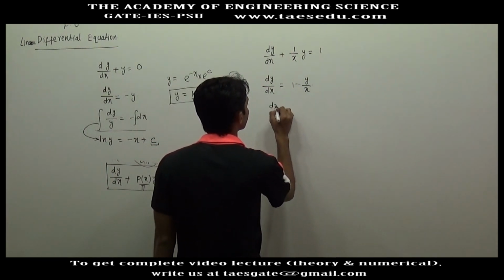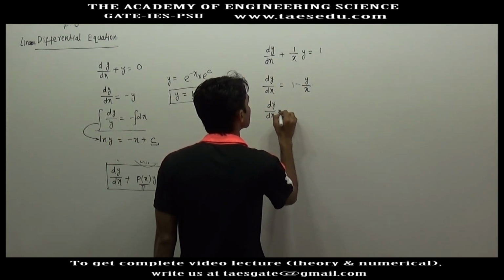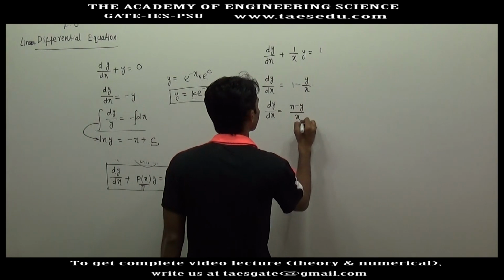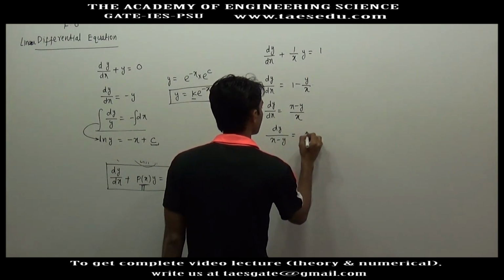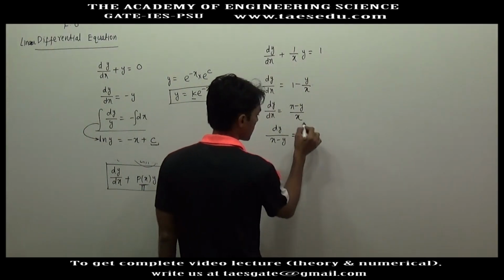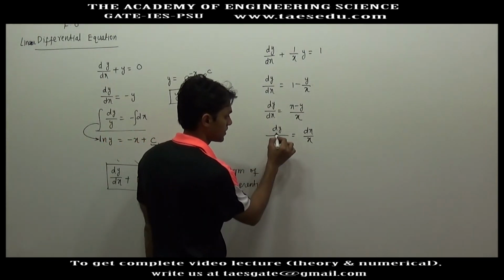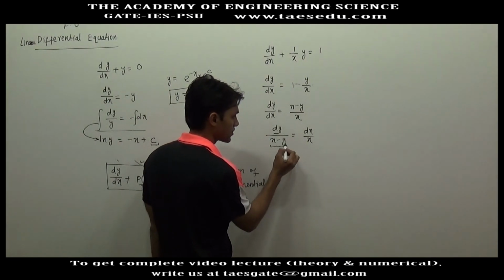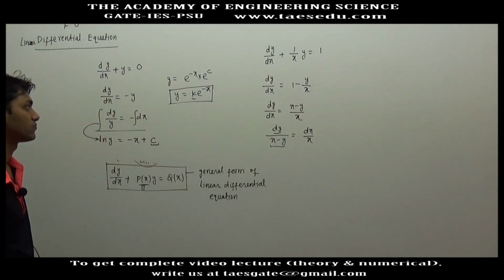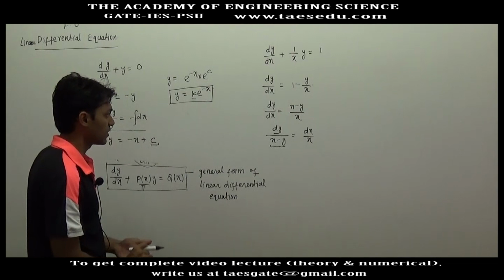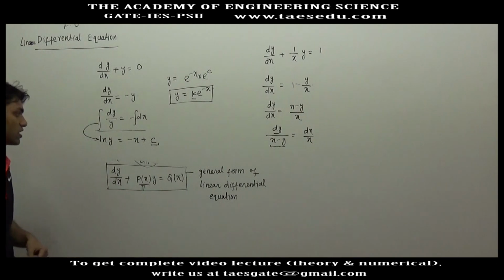So dy by dx is equal to (x minus y) divided by x. dy by (x minus y) is equal to dx by x. This can be integrated, but here we are not able to separate the variables. Here we have dy, but this is not a function of y only. So here we cannot integrate both sides as we did in the previous case. So for this type of equation, or for this type of situation, we will now try to find out a general solution.